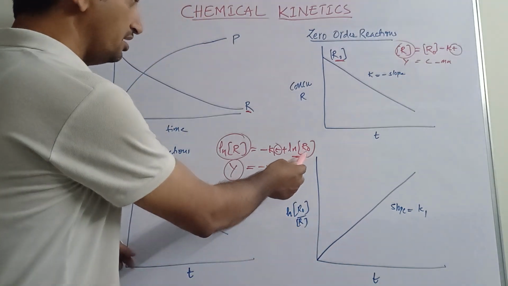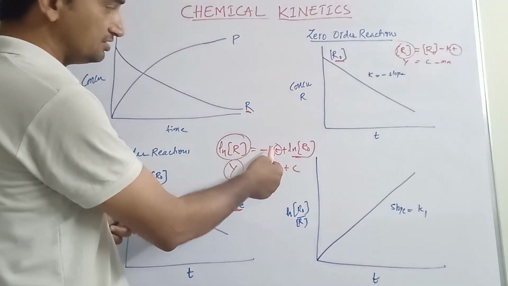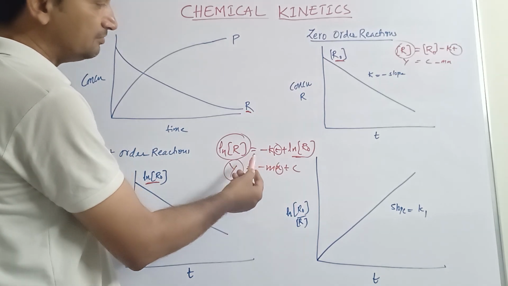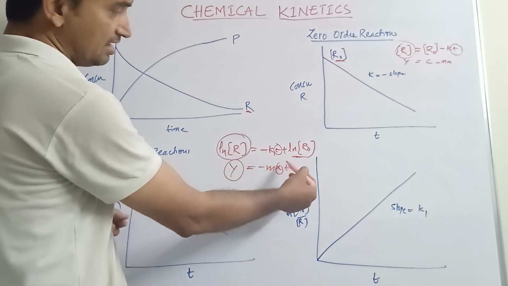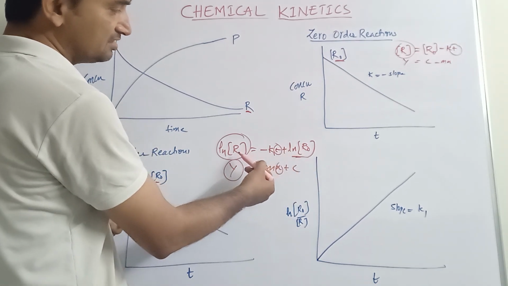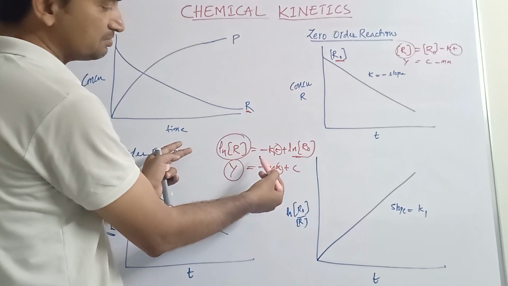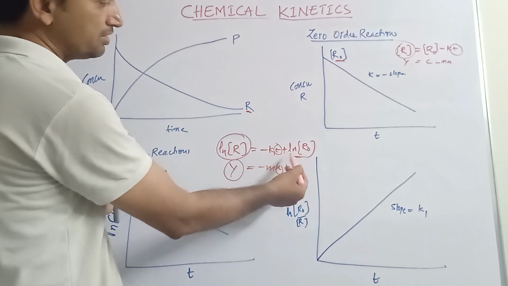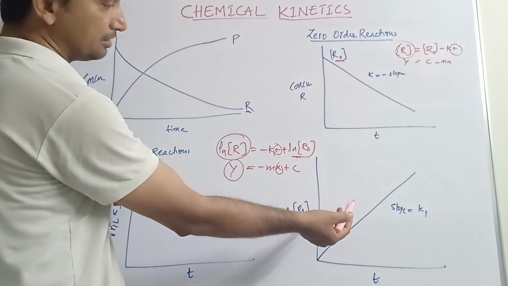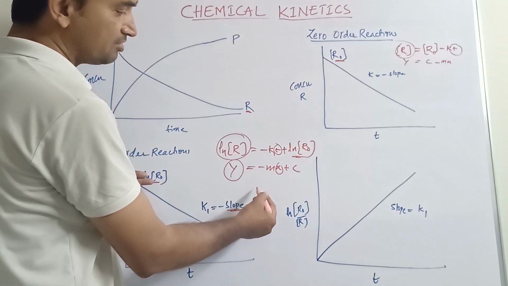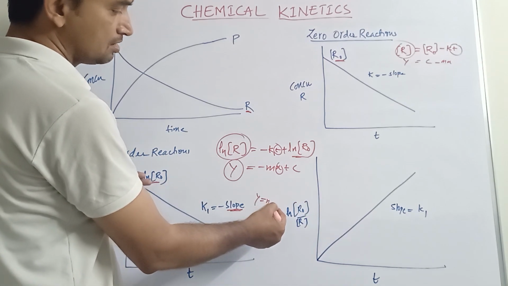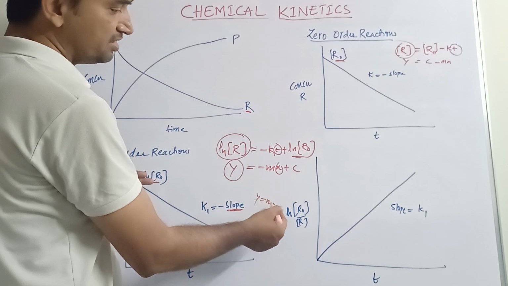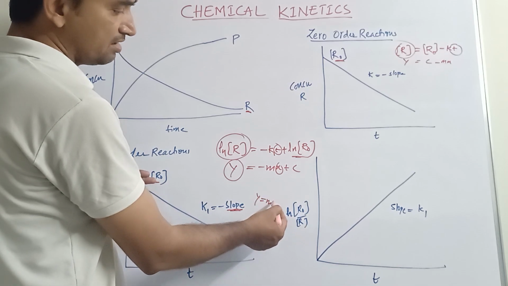Now if you see here, if you take this one to this side and this one to this side, automatically we will get ln R naught by R. So this will come on the left side, so it becomes plus k1t. So ln R naught by R equal to k1t. It is just like y equal to mx. So here what is y? ln R naught by R. What is x?